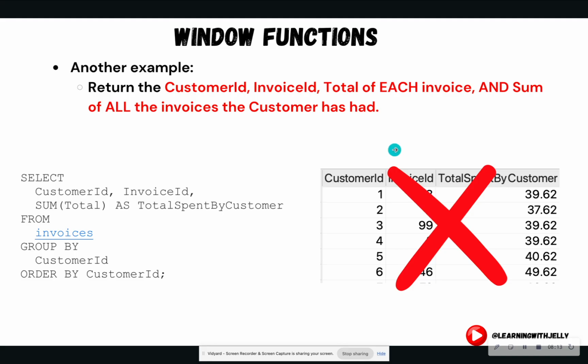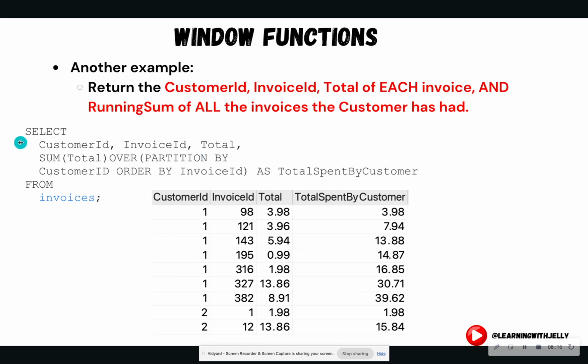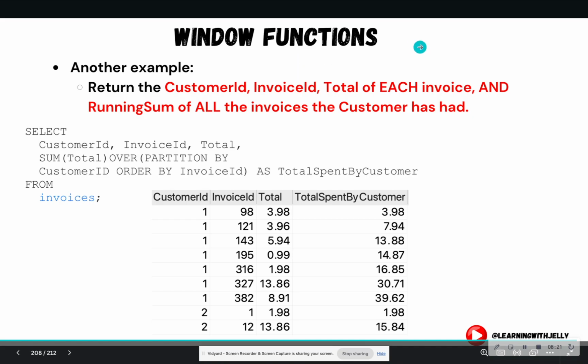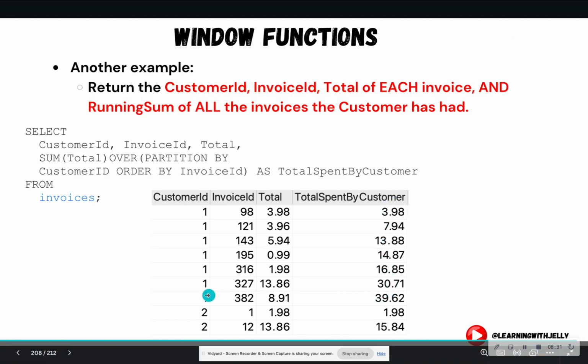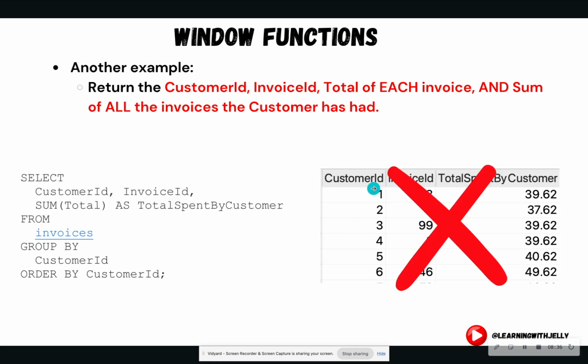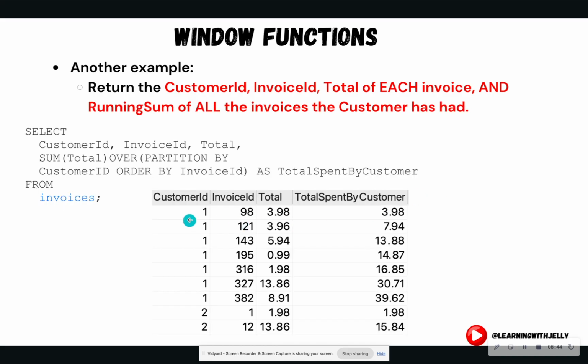See if you notice the difference with this next slide. I have customer ID, check, invoice ID, check, the total of each individual invoice, check, and a running sum of all the invoices by customer. So here, instead of having one row that is just customer ID 1 with just their total and not the actual invoice amount, now I have customer ID 1, invoice 98, that was $3.98.